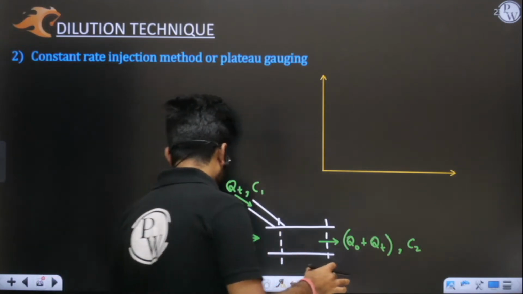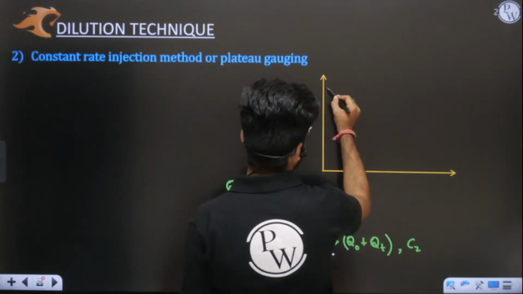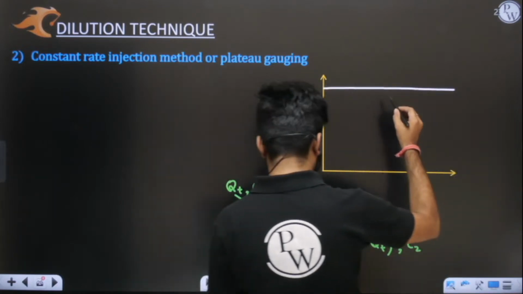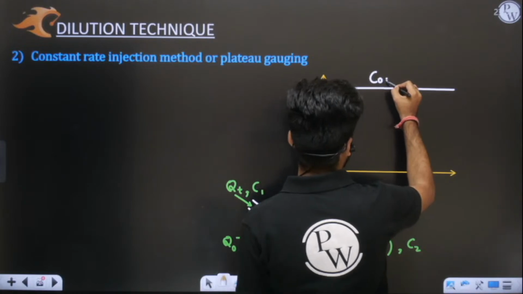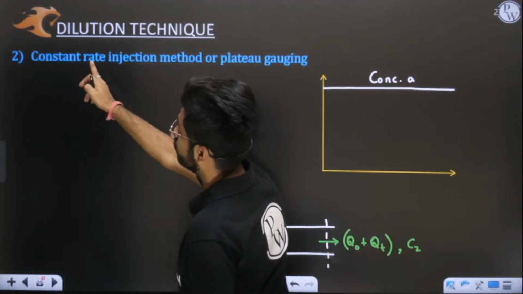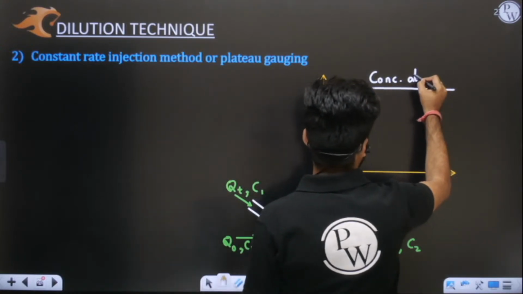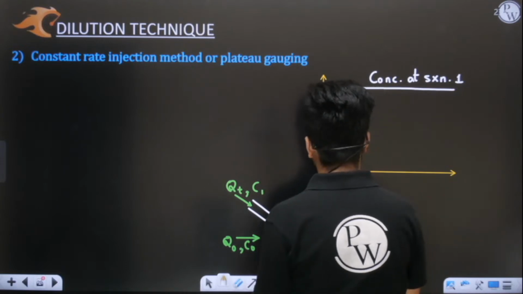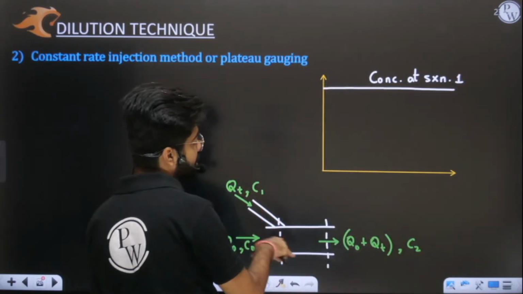That's why I will observe that the concentration at section 1 is constant.